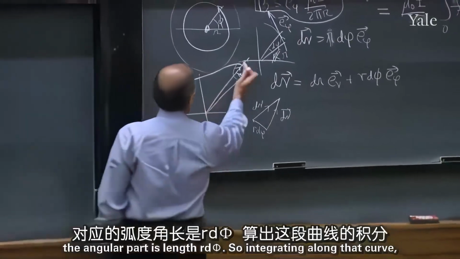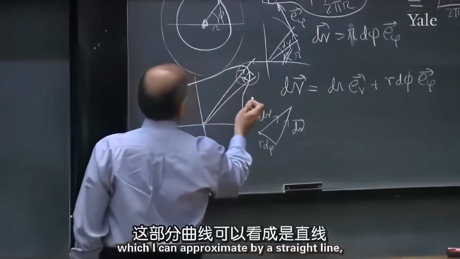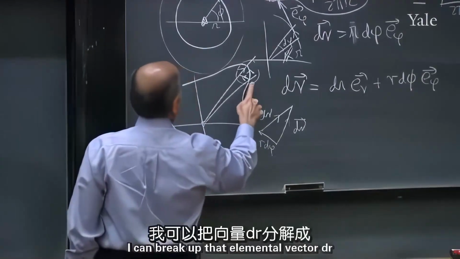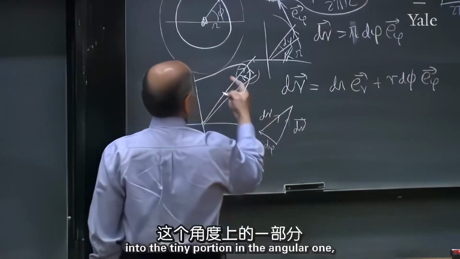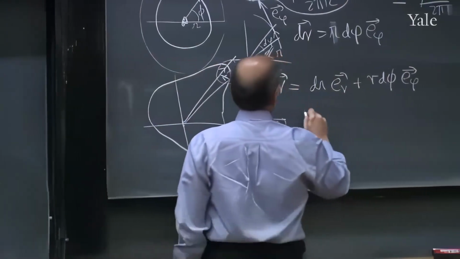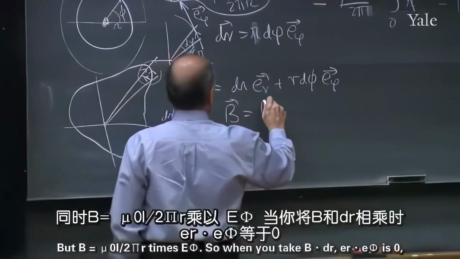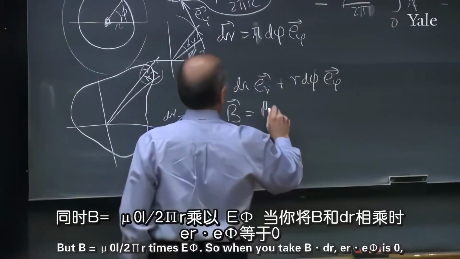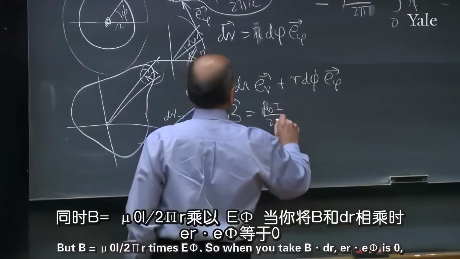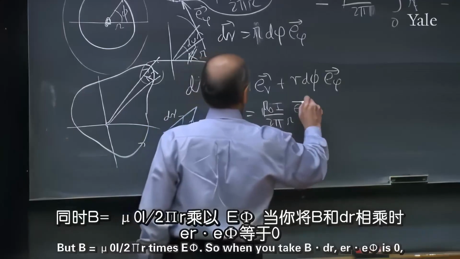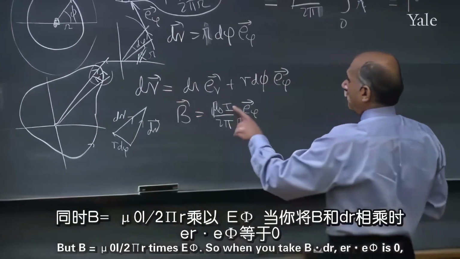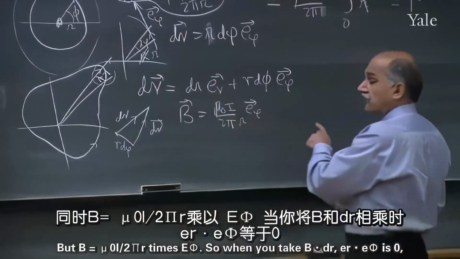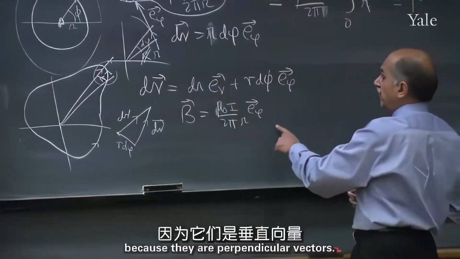So integrating along that curve, which I can approximate by a straight line, I can break up that elemental vector dl into the tiny portion in the angular direction and the tiny portion in the radial direction. But B was equal to mu 0 I over 2 pi r times e_phi. So when you take B dot dl, e_r dot e_phi is 0 because they are perpendicular vectors.